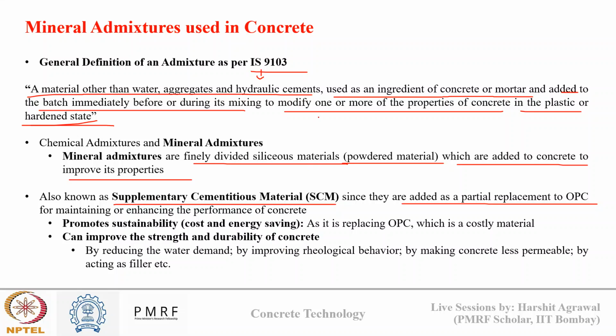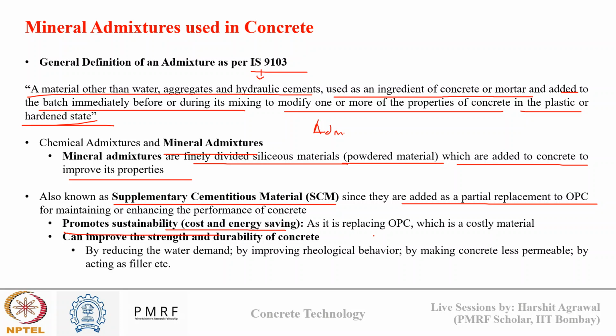So we saw that chemical admixtures were added also as a partial replacement of water or cement, and here supplementary cementitious materials are added as a partial replacement for cement. And what are the benefits of using these mineral admixtures, or SCMs? They promote sustainability by reducing cost and energy requirement as they are replacing OPC. Now, how do they promote sustainability?